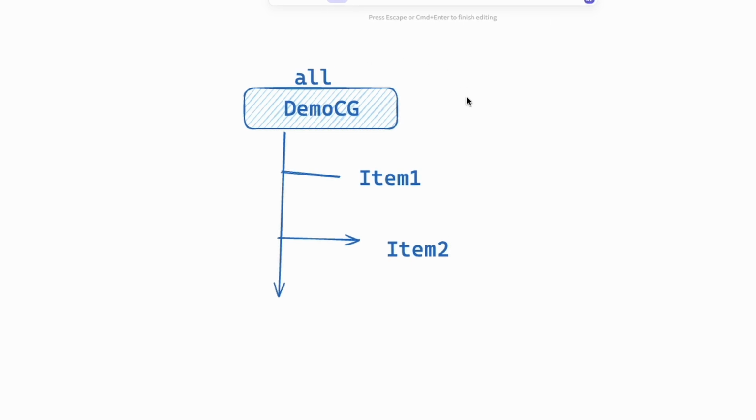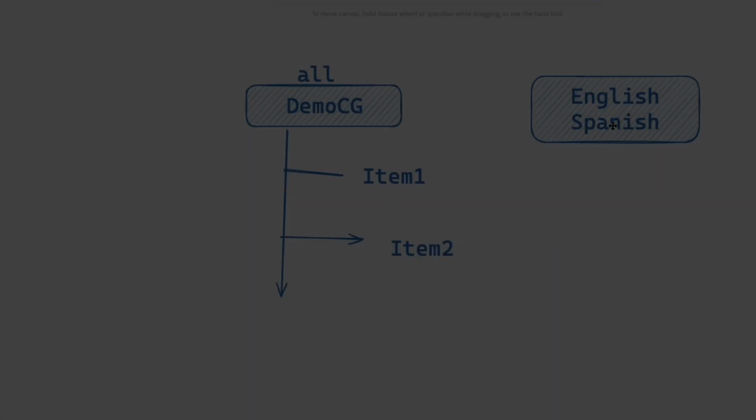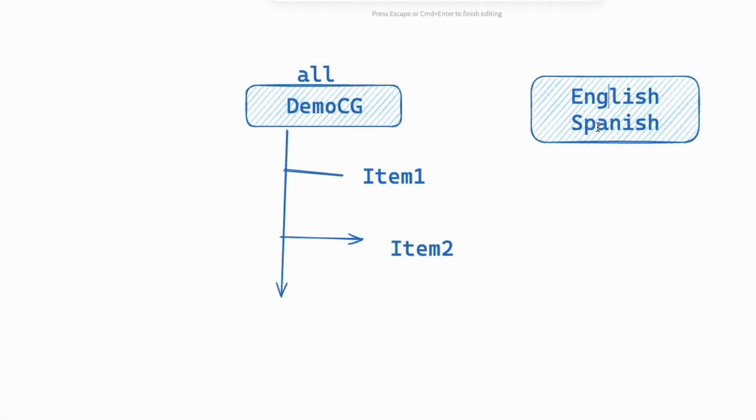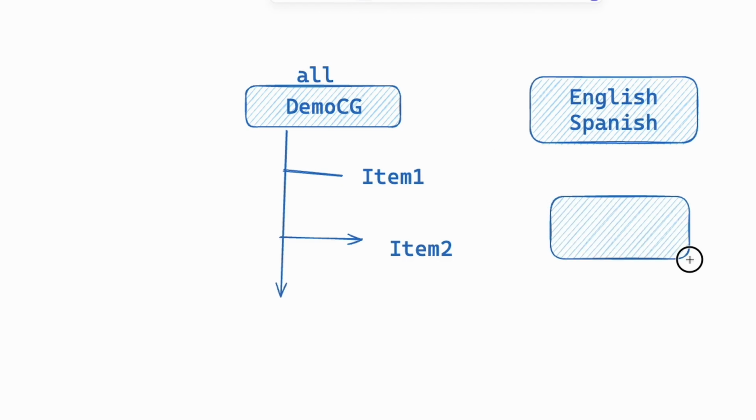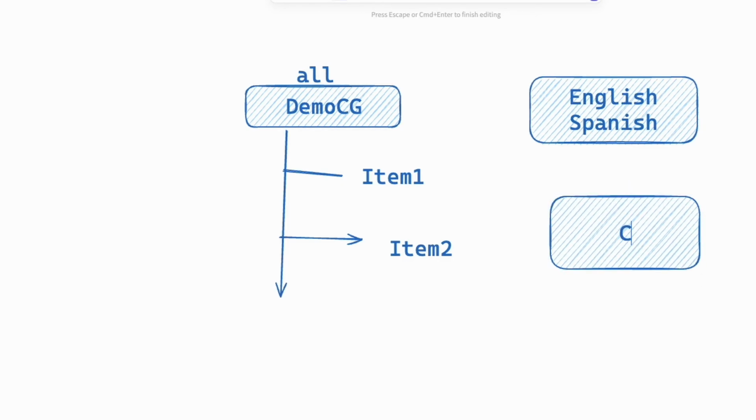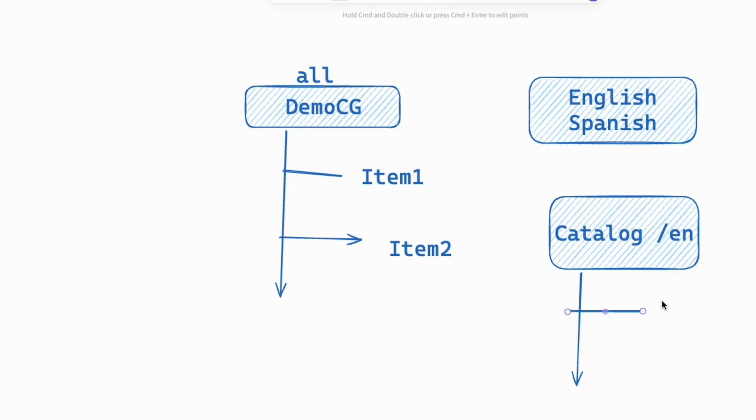So it will be available to every user. So if a user has English, Spanish, or French Canada, any language, these items will be available. When he searches, he will get the items. But if I have a language like EN when I'm creating a catalog, and I have selected language EN, then it will be available only for English language users.